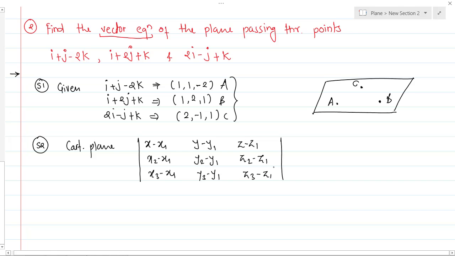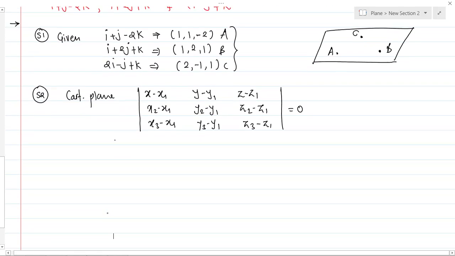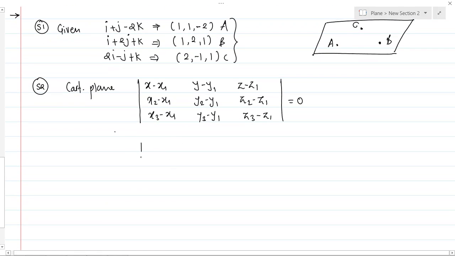I am taking A as (x1, y1, z1), B as (x2, y2, z2) and C as (x3, y3, z3), and of course this equals 0. So let's substitute the values. Here we have x minus 1, substituting the coordinates of point A, y minus 1 and z plus 2.